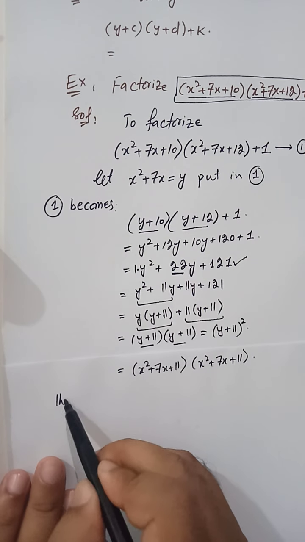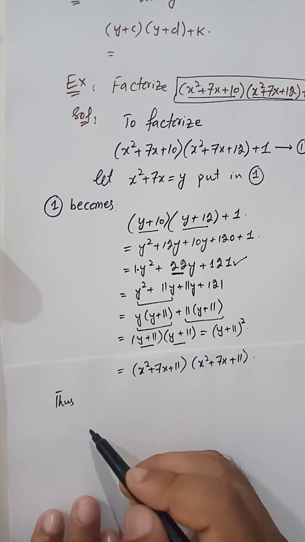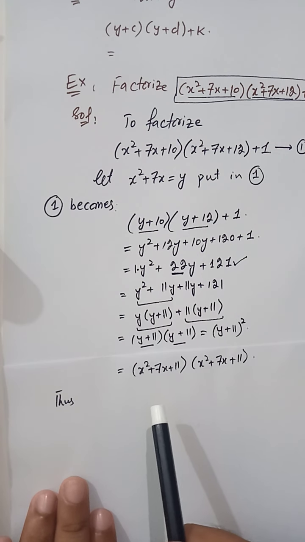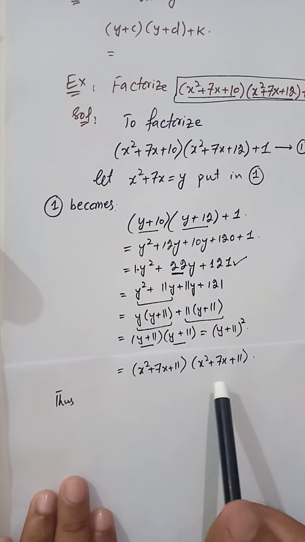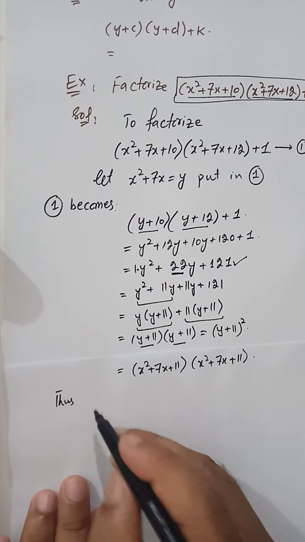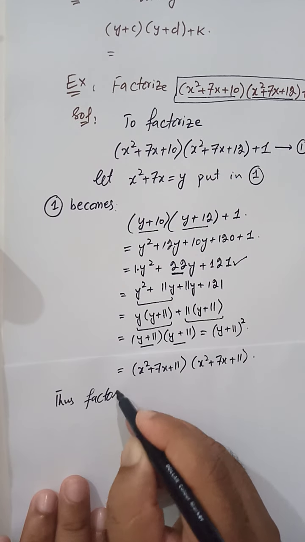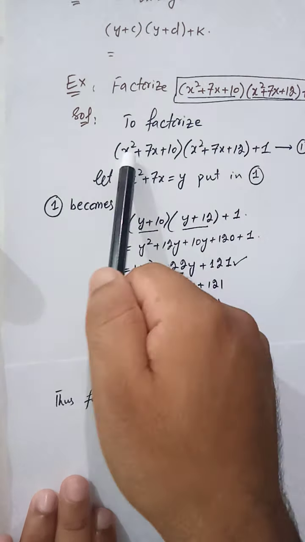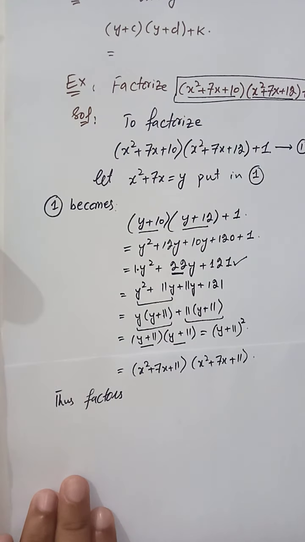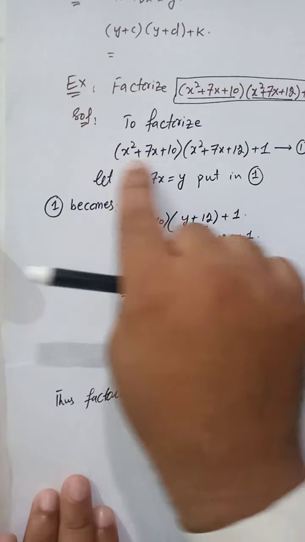So thus the factors, and you see that both the factors are quadratic. The given algebraic expression is biquadratic, because when you multiply x square with this x square, you will get x power 4. The highest power of the variable in this algebraic expression is 4.